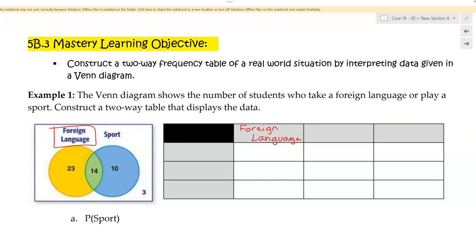And my second part of that is that there's no foreign language, or I don't take a foreign language. And then at the end, we always have a total.